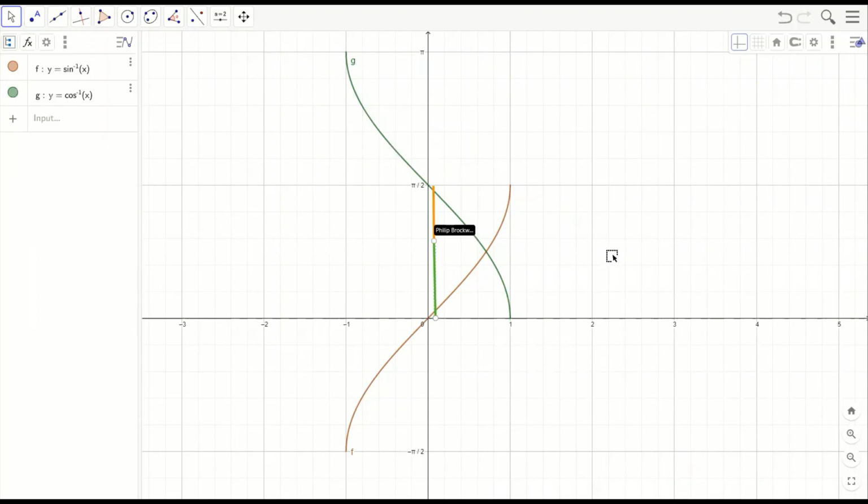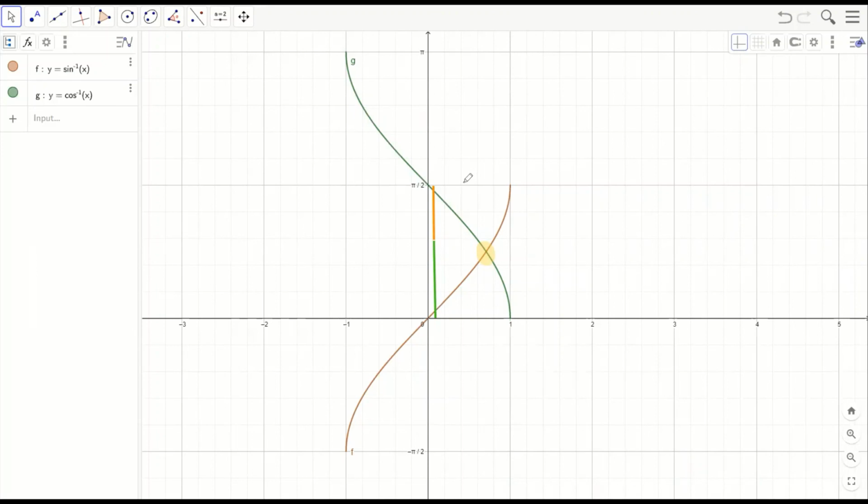So you can see I've not done an amazing job, but they sum to pi over 2. Now I could do that for any 2 points, and you'll see at this point here where the 2 curves intersect, it's the midpoint. It's at pi over 4, and clearly those distances, if you add them together, would give you a pi over 2.